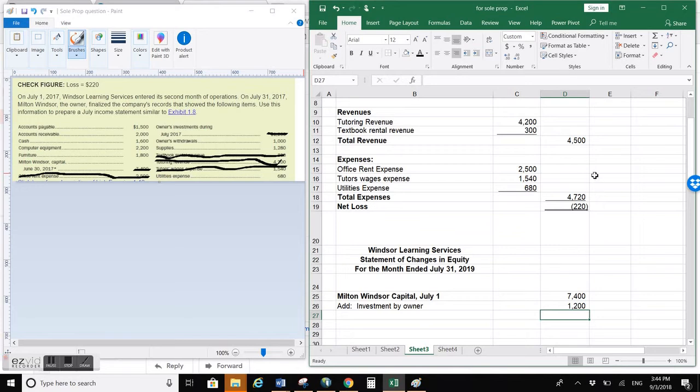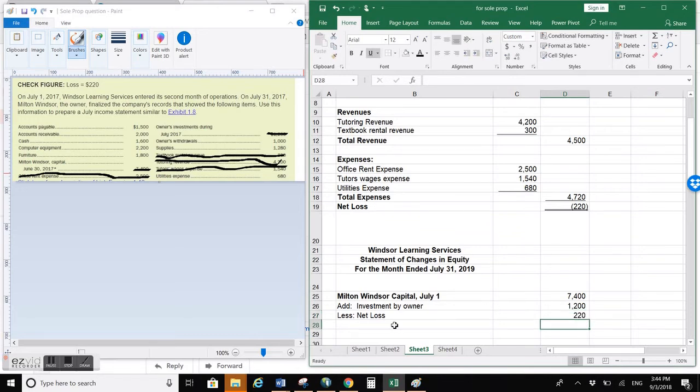Now, at this point, if there was net income or profit generated by the company, it would have been working on Milton's behalf, and that would also increase his capital in the company, or increase the equity of the owner in the company. Unfortunately, the company had a loss during the month, so that net loss will actually detract from his equity during the month.